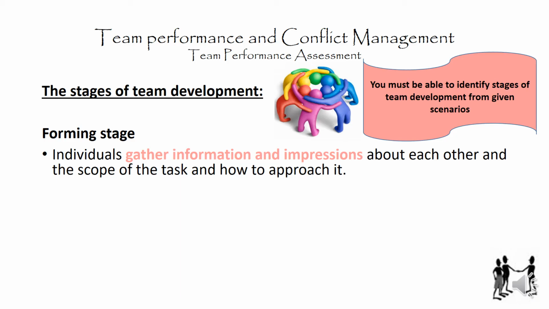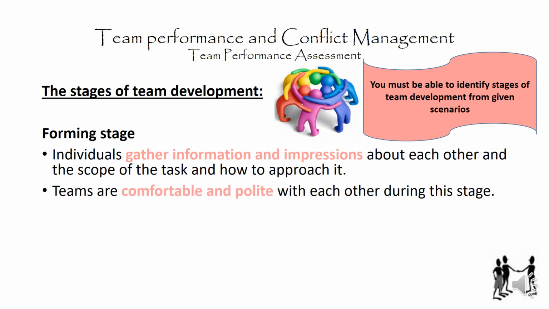So different team members might not know each other all that well. So this is the stage where they get to know each other. They gather information and impressions about each other. They form opinions about each other. They start understanding what the task is that they have to complete, and they start thinking of how to approach this task to reach their goals.